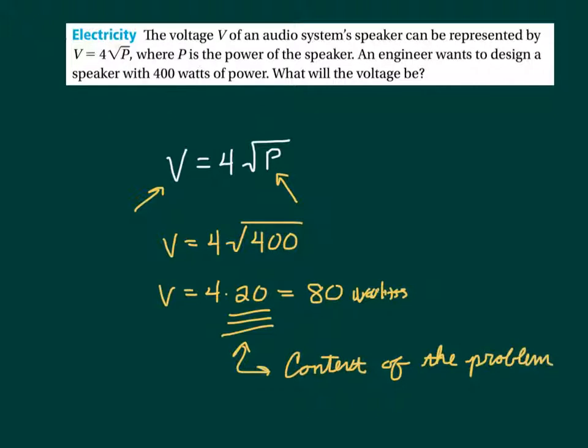Having negative volts doesn't make sense. In the last problem, having negative speed doesn't make sense. If you end up taking physics, you'll learn that velocity can be negative, but speed cannot be. So in a word problem, you have to understand if you need to just use the principal root or if you need to use the negative one as well.